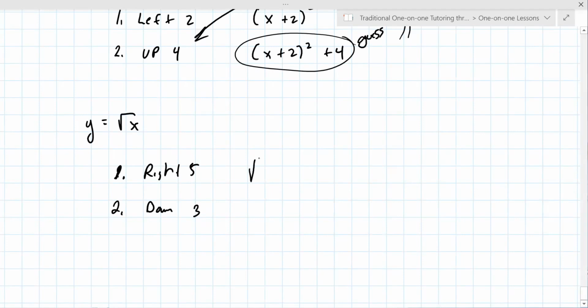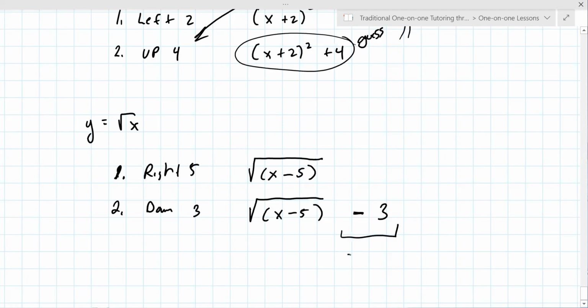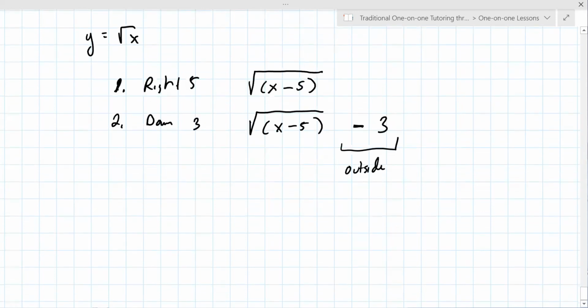So right 5 is like square root of x minus 5, because the part inside here is what tells you whether it goes left or right. The down 3 is outside here. That's minus 3. See how it's on the outside? Okay.